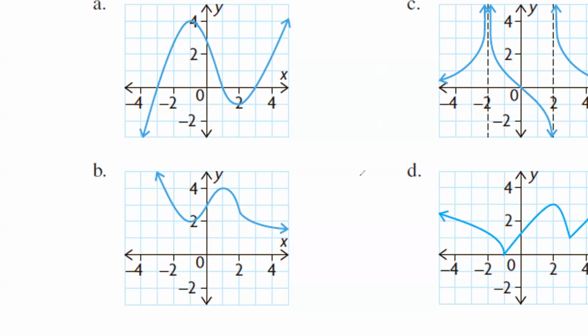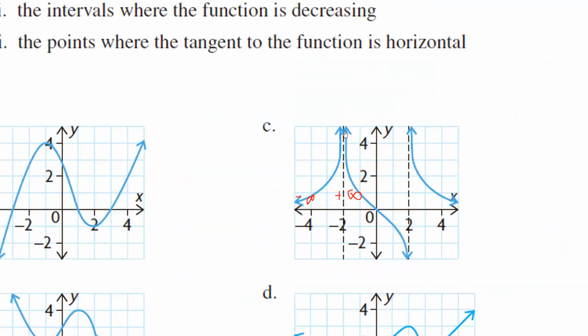And another thing you need to see is that the value of the derivative is either negative infinity or positive infinity on the left and right-hand side. Then it's going to be a vertical asymptote, as you can see on this graph, right? Here, from both sides, the derivative is going to be positive infinity. Am I right?